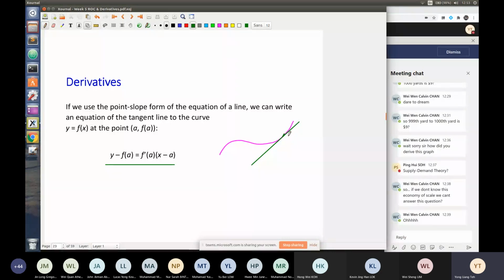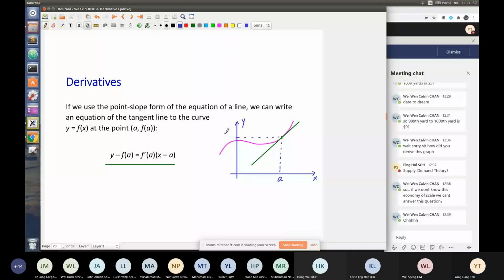So where is this point? This point is the point A. Let's say this is my axis. So this point is the specified point A. If this point is A, then what is this point on the curve?